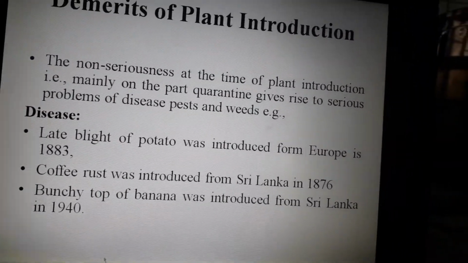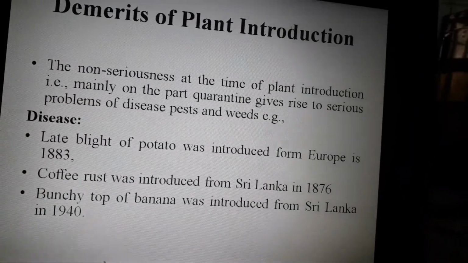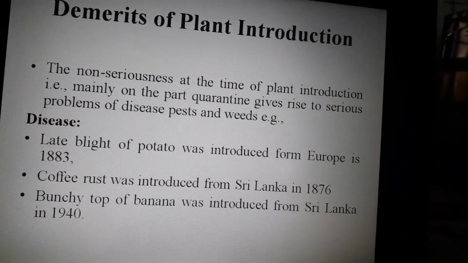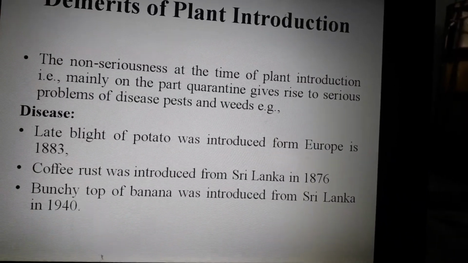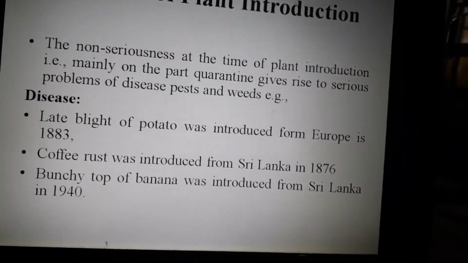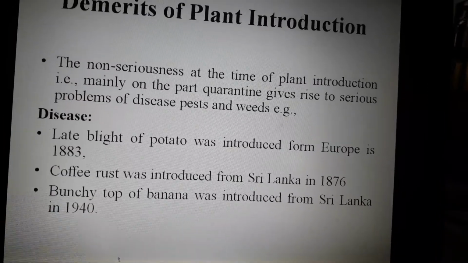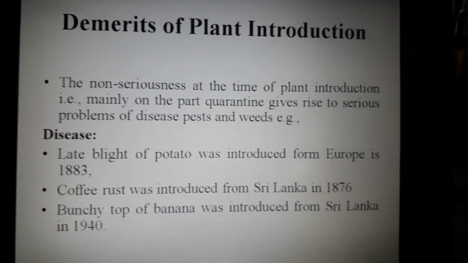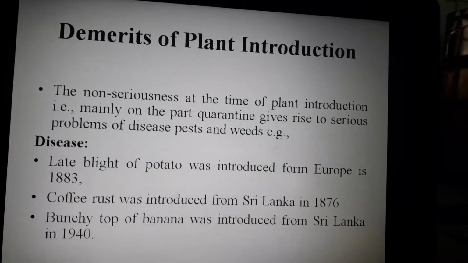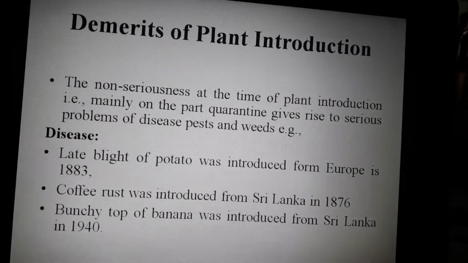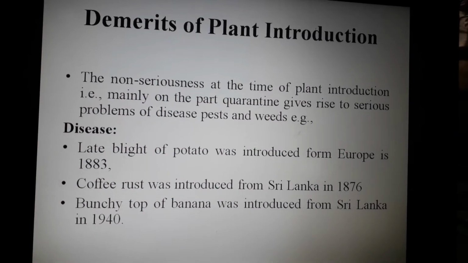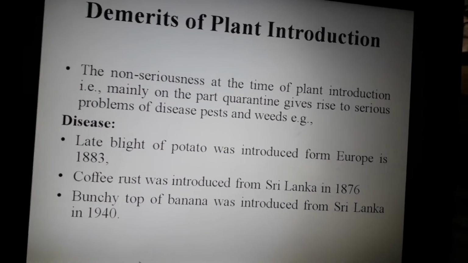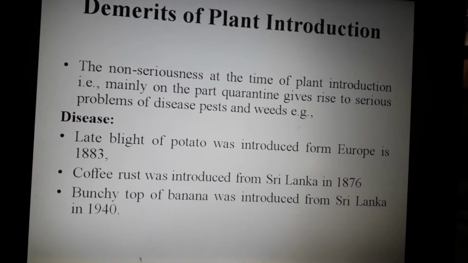Lack of seriousness at the time of plant introduction, mainly on the part of quarantine, gives rise to serious problems of disease, pests and weeds. These play a very important role, because they can harm all the normal plants and normal microflora, and the plant which we have brought from the different place will also not be able to grow at that particular place.